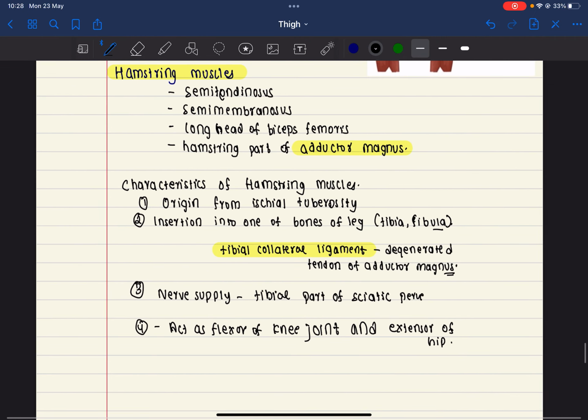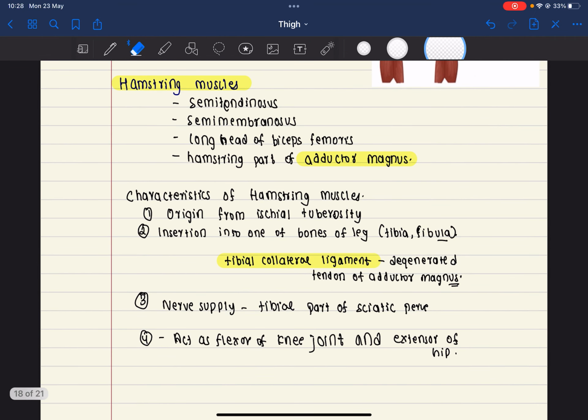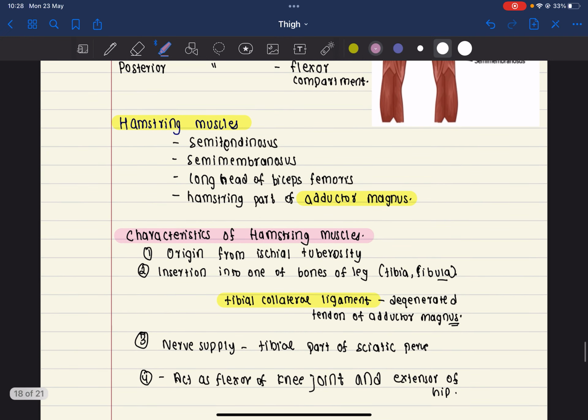So these are the characteristics of the hamstring muscles: origin from the ischial tuberosity, insertion into the bones of the leg, nerve supply by the tibial part of sciatic nerve, they act as a flexor of the knee joint and extensor of the hip.